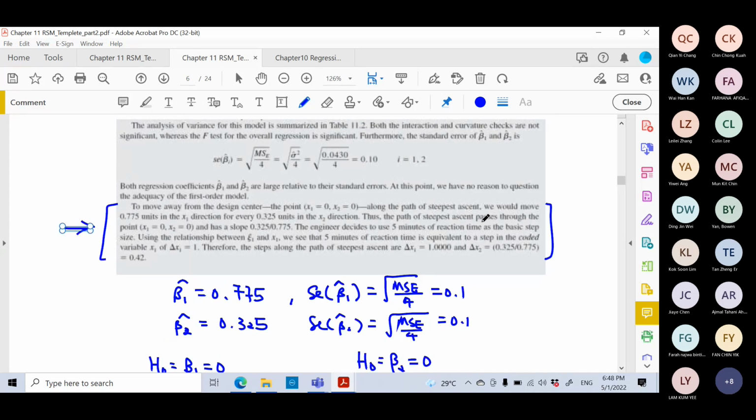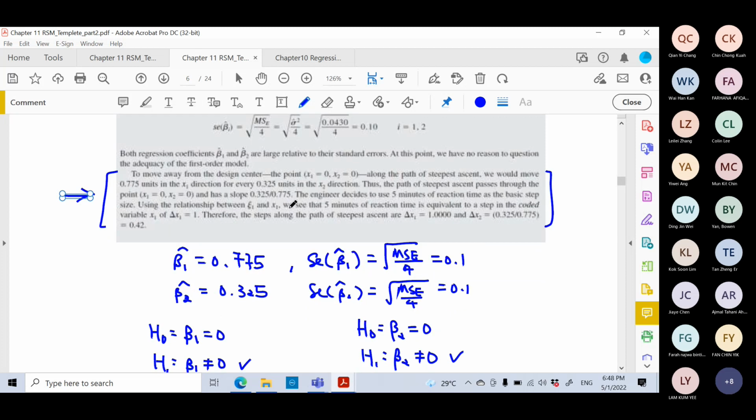This explains the line. The path of steepest ascent will pass through the point here, and the slope is given by 0.325 over 0.775. So the slope here uses delta 2 over delta 1. I will explain how we get the slope. The engineer will decide to use 5 minutes of reaction time as the basic step size.